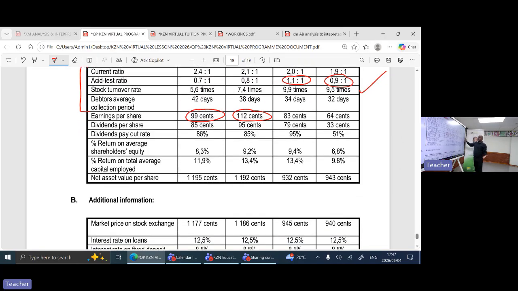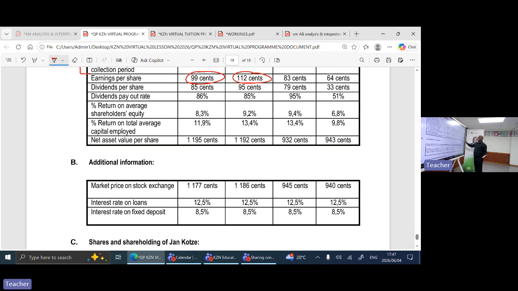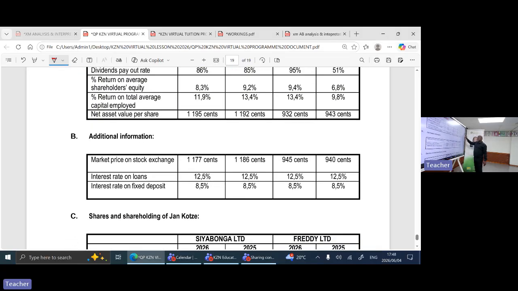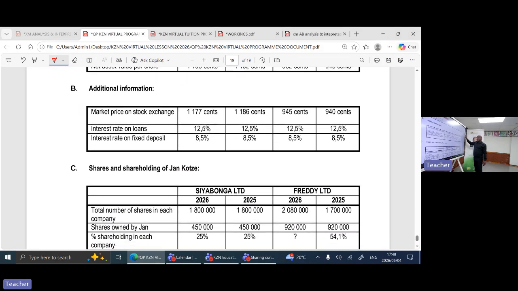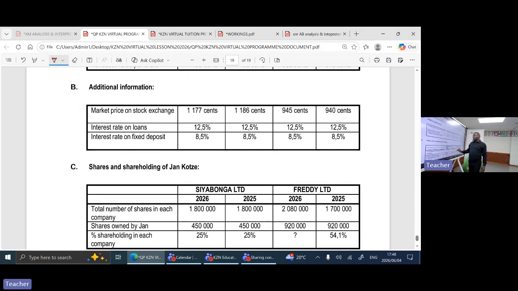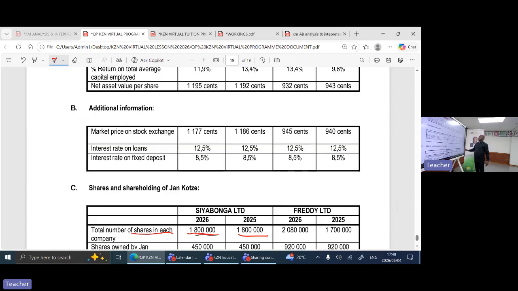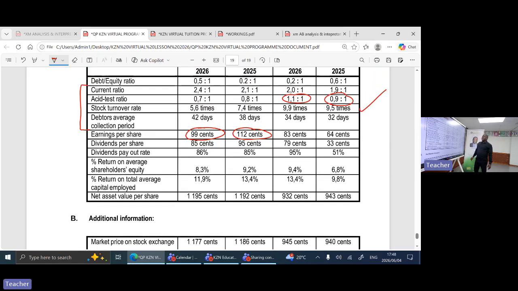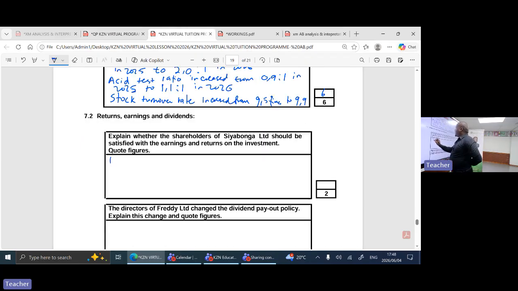Was there a change in the number of shares? The number of shares for Siyabonga in 2025 was 1,800,000. In 2026 was 1,800,000. There was no change in the number of shares, but earnings decreased from 112 cents to 99 cents. That's what we are going to say here.